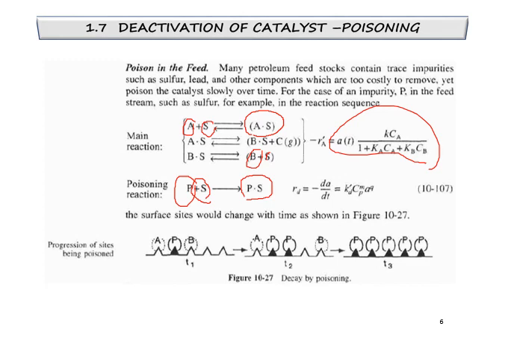So the reaction of poisoning can be represented in this figure. First, A can actually adsorb on active sites. Then there is P, which poisons the active sites. But over time, there will be more poisoning, and so the catalyst will be deactivated over time.